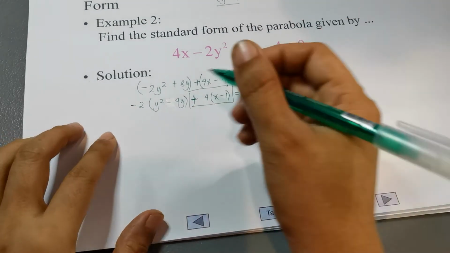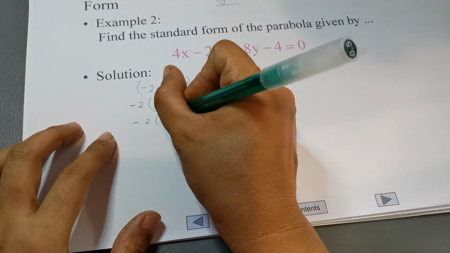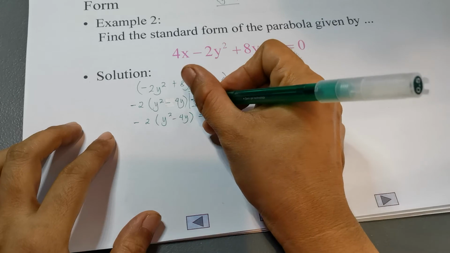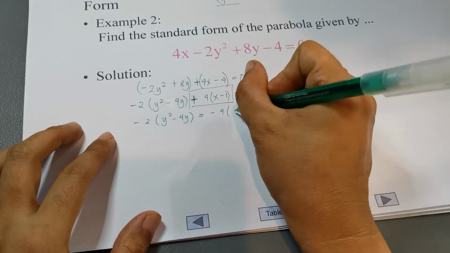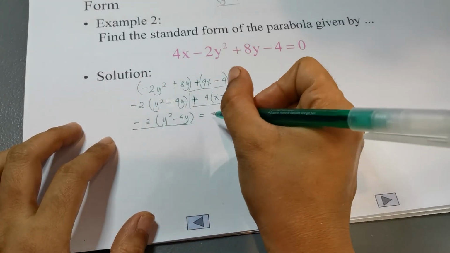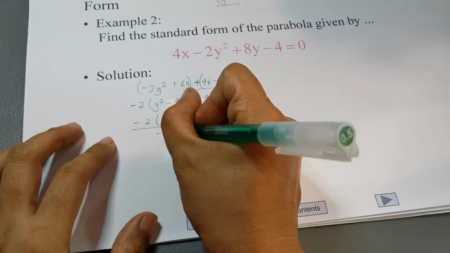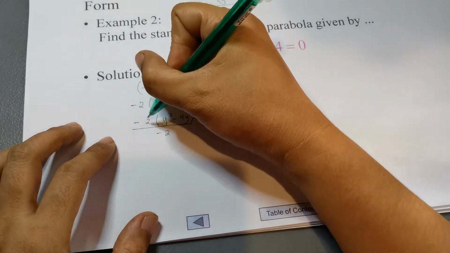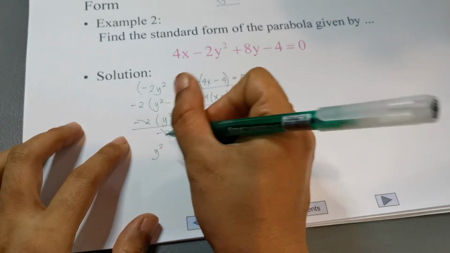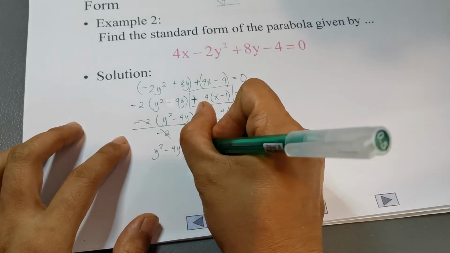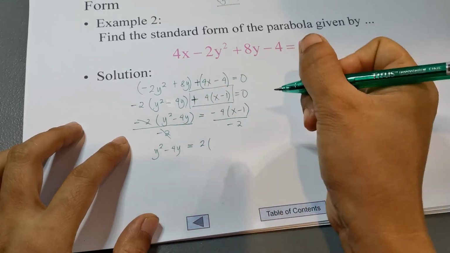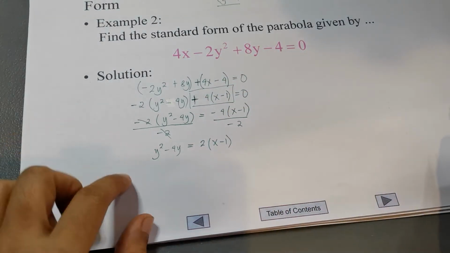So we have negative 2 times y squared minus 4y equals negative 4 times x minus 1. Then we divide by negative 2, so that will be cancelled, leaving only y squared minus 4y on the left side. So y squared minus 4y equals negative 4 divided by negative 2, which is positive 2, times x minus 1. I hope you're following.